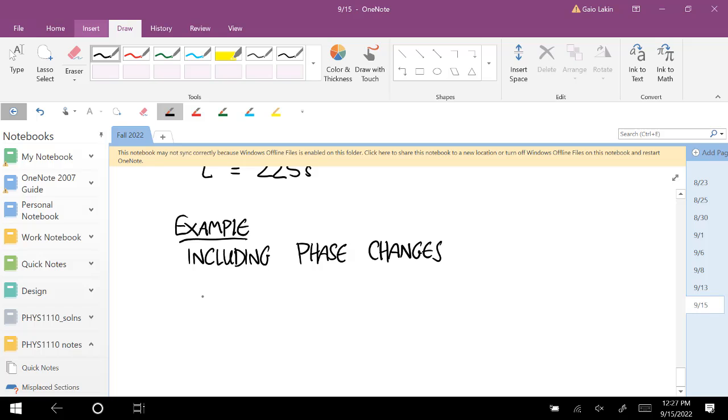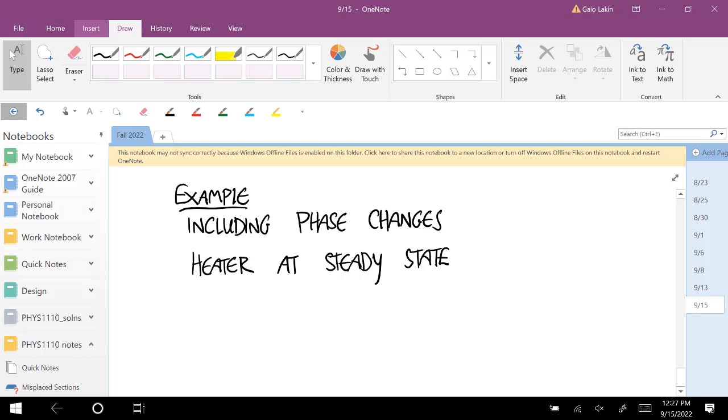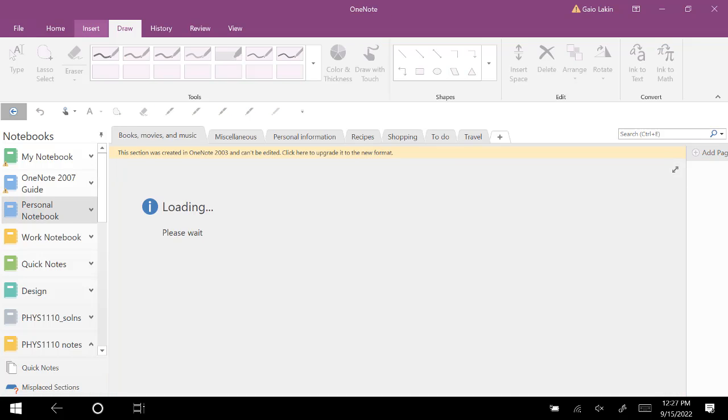So say we have a heater in a power plant, a feed water heater. It's at steady state. And let's say there are 2 inlets and 1 outlet.